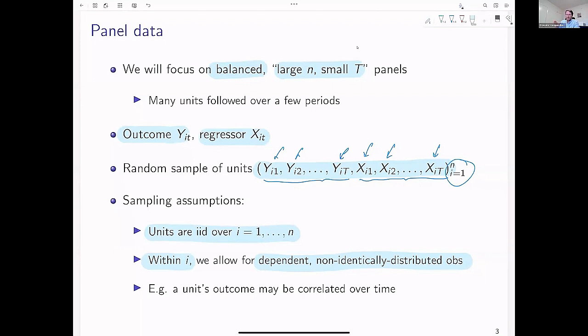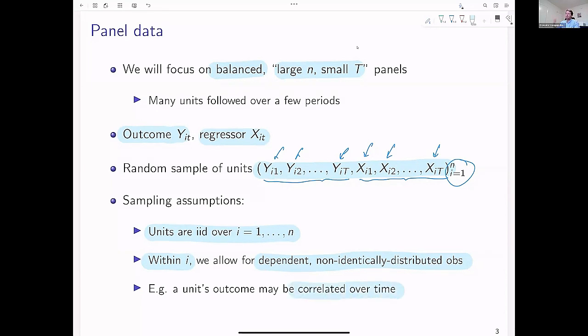So we have observations for county 1 in periods 1, 2, 3, 4, etc. It would be a pretty strong assumption to assume that the same county is independent of itself over time, because it's just the same county. So we're not going to assume that the observations over time for the same county are independent. We're going to allow for the observations for each county to be correlated over time.